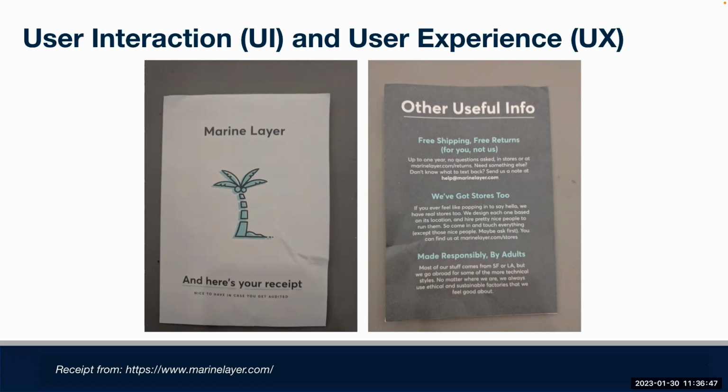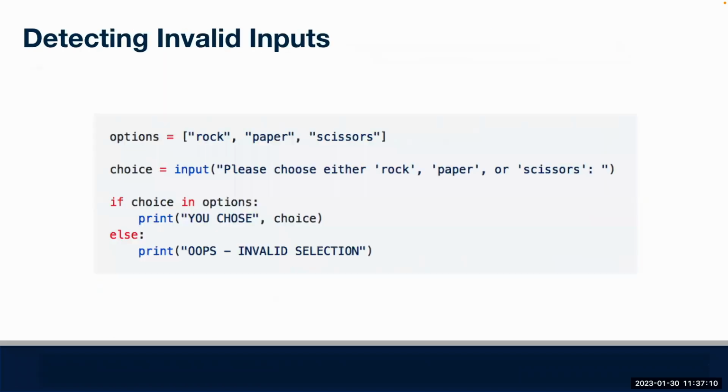Also, the other thing I wanted to say about user experience is that it's possible for users to mess up. So even if we ask them to input a choice, they might not get it right. And so we'll have to consider, well, did you do it right? Okay, but if you didn't do it right, if the user didn't use the software in the intended way, it's our responsibility as the developer to have the foresight to handle all possible ways that users could be dumb when they're using our software.